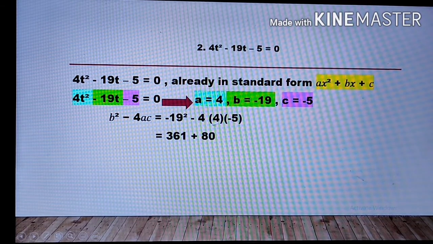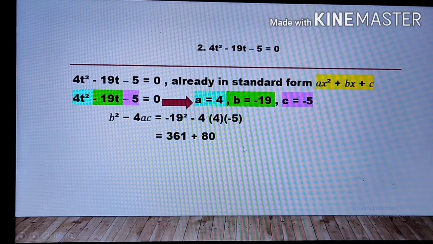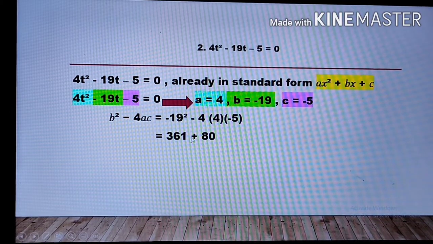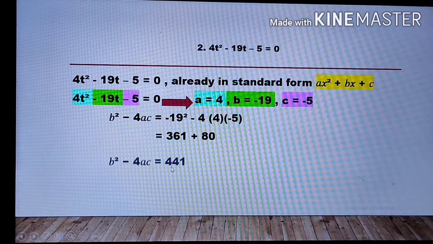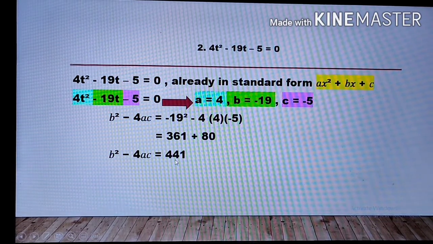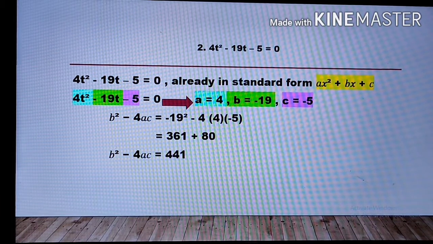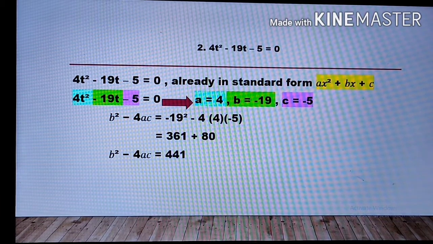The negative 4 times positive 4 is negative 16. The negative 16 times negative 5 is positive 80. So, 361 plus 80 is equal to 441. If we get the square root of 441, the square root of 441 is 21.